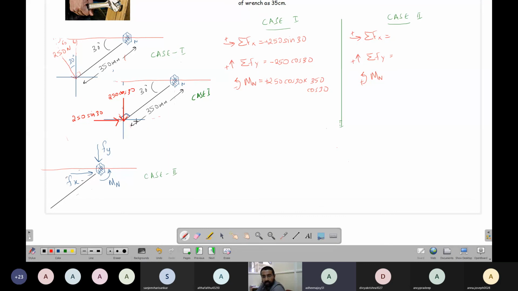Force line, dotted line, transmissibility: this line of application, with perpendicular distance. This force into perpendicular distance.